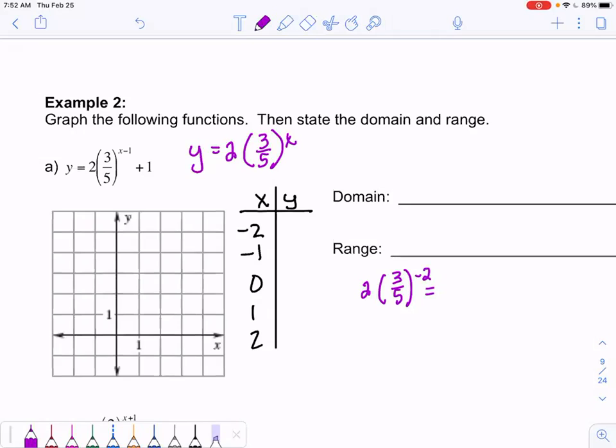What do you think the negative exponent does to the 3/5? So it becomes 5/3. So that's 2, and then 5/3 is squared. Remember properties of exponents. Square the top, square the bottom. So 25/9.